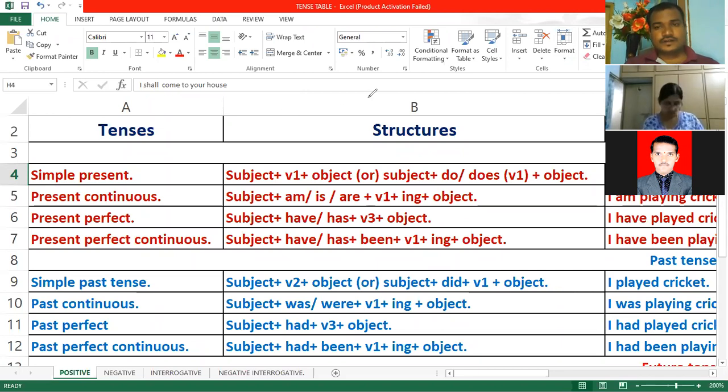We are talking about simple present tense now. What is simple present tense, what is the structure, and how can you identify the structure and example? So first, the simple present tense structure.